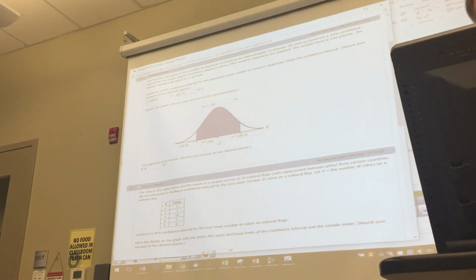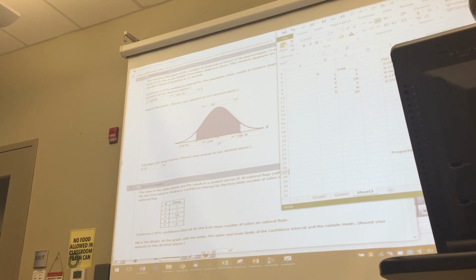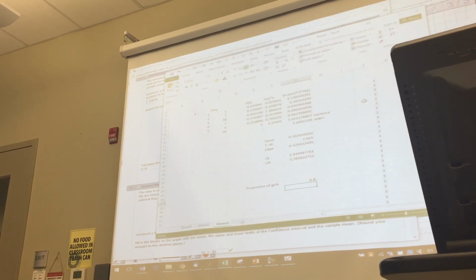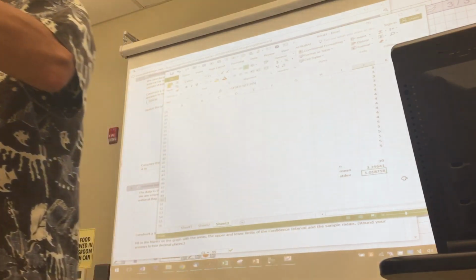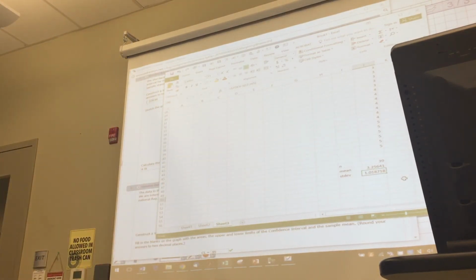But like I said, I could list them out this way. But if I'd listed them out this way when I calculated the standard deviation, I got something slightly different, so my answer would come up slightly different on my proportions.